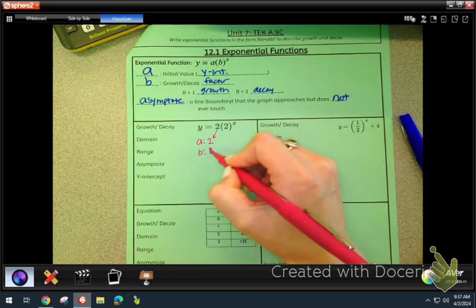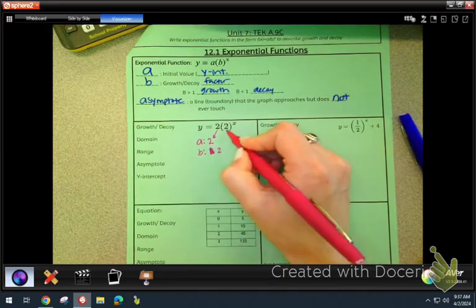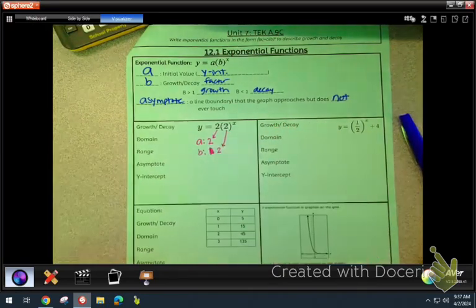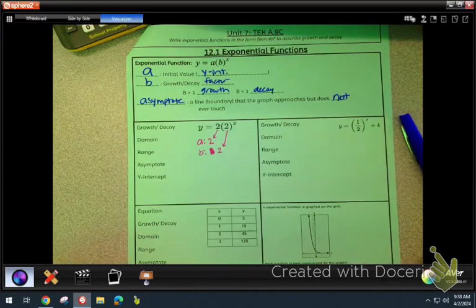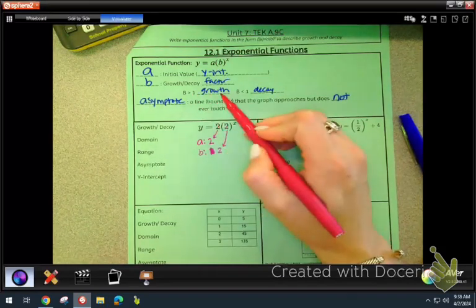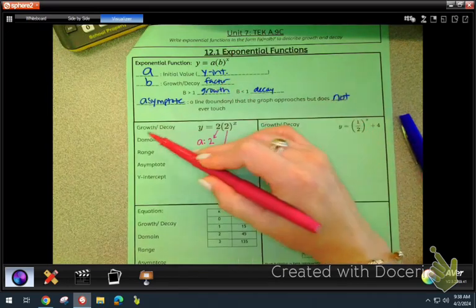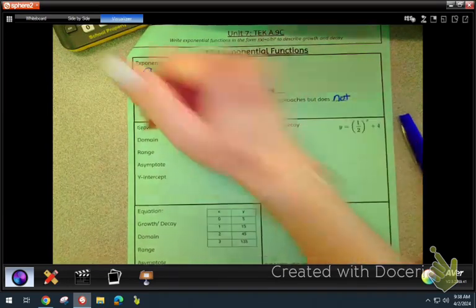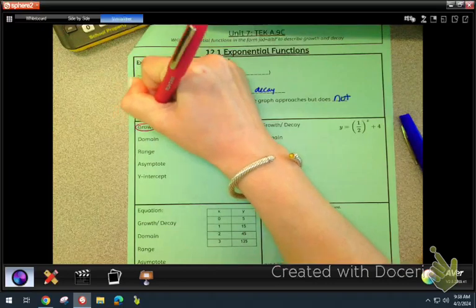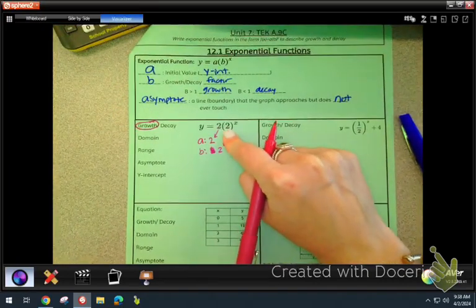Because what is that 2 attached to? The exponent. That's what your base is. So remember what we said up here. If our B value is greater than 1, is 2 greater than 1? Yes. So would this be growth or decay? It'd be growth. I know that just from knowing what that base is right there.